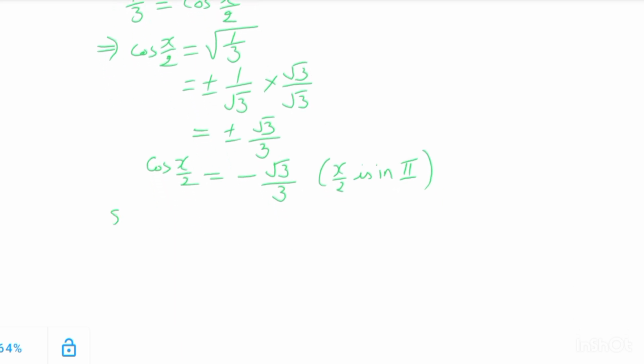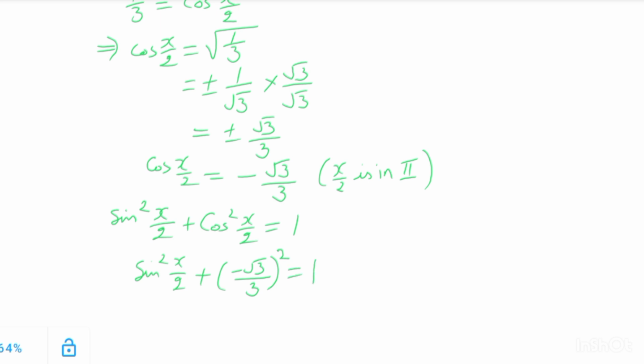So we know that sine square x by 2 plus cos square x by 2 is equal to 1, which will give sine square x by 2 plus the value of cos x by 2, root 3 upon 3, whole square, is equal to 1.